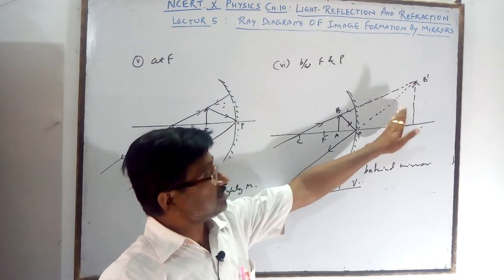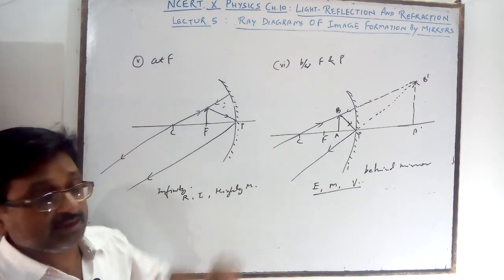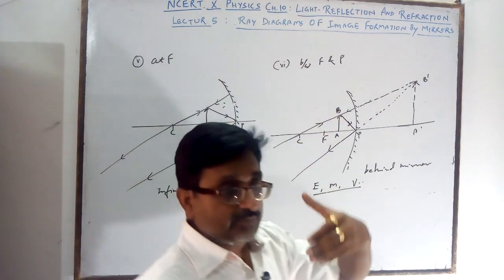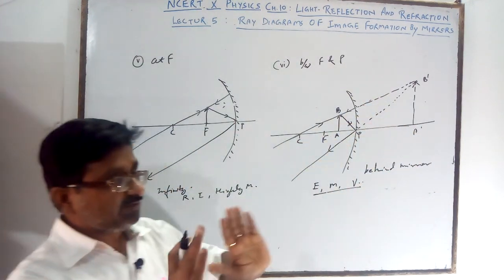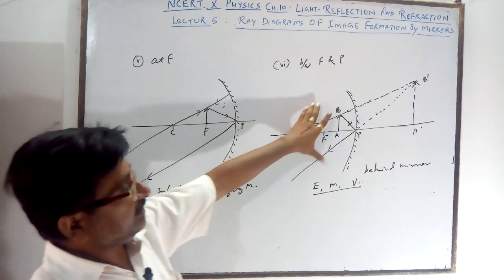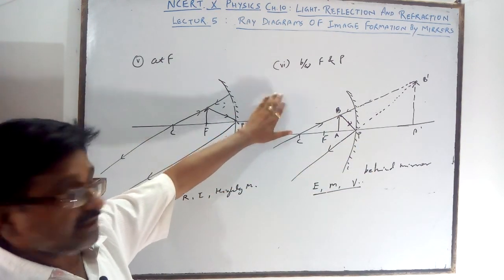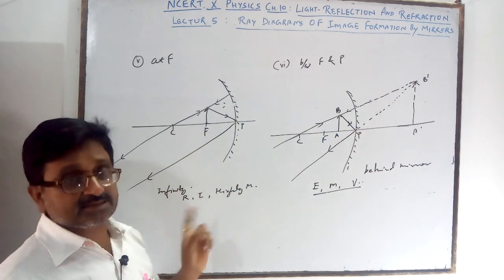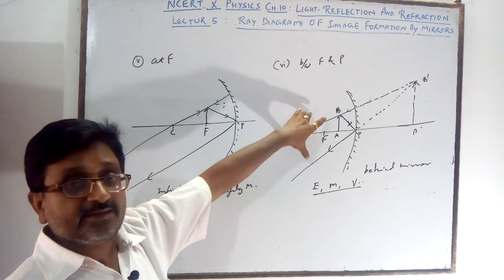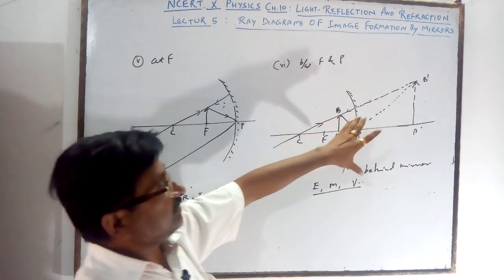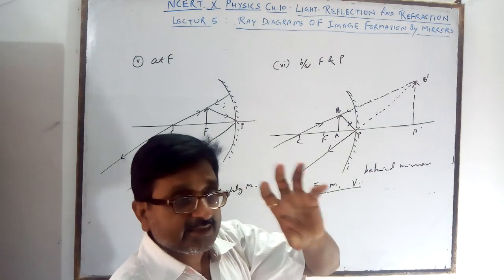And due to this property, the concave mirror is used as a shaving mirror. Shaving mirror in the barber shops, some barbers use this because of magnification, and in beauty parlors also. So it is very important, and doctors use it due to the first condition at focus. ENT surgeons use this concave mirror for seeing the spot exactly at one place.